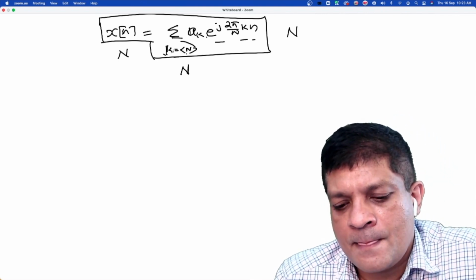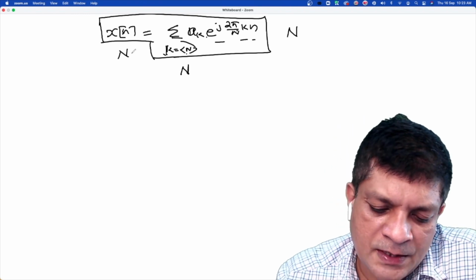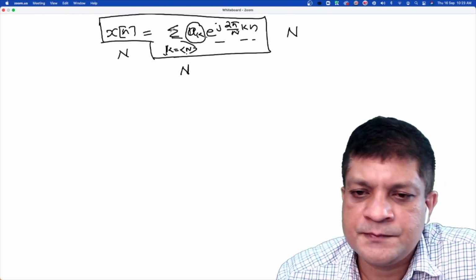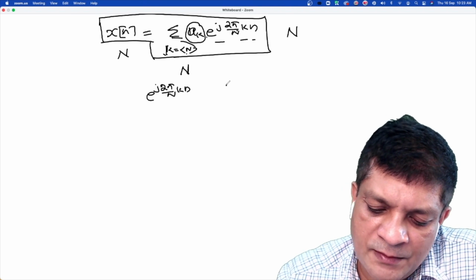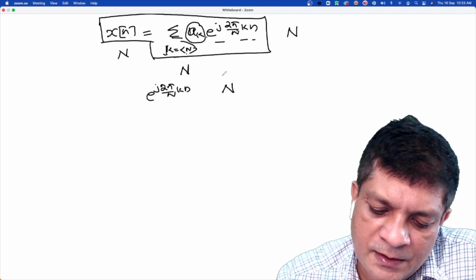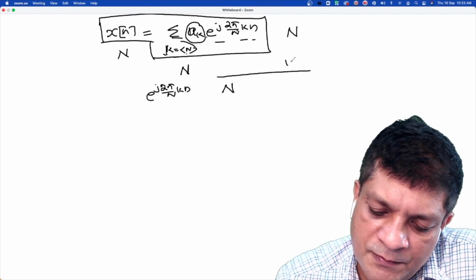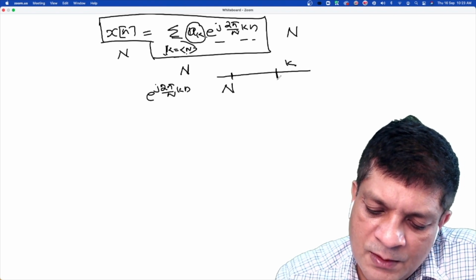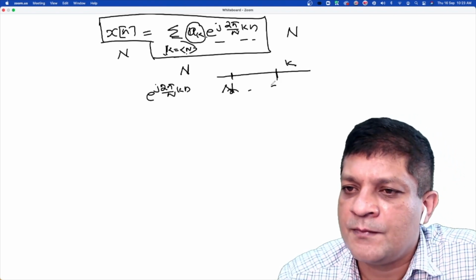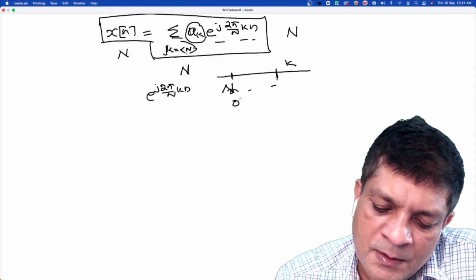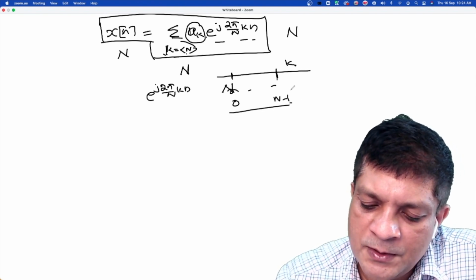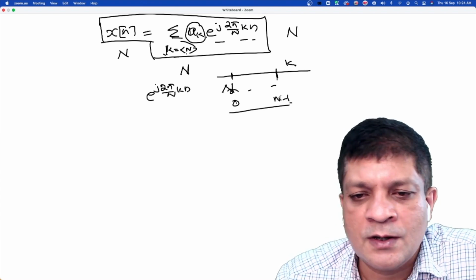Okay. Does this imply any periodicity? If you consider different values of k, there are only N distinct values, and we can easily take k from 0 to N minus 1.